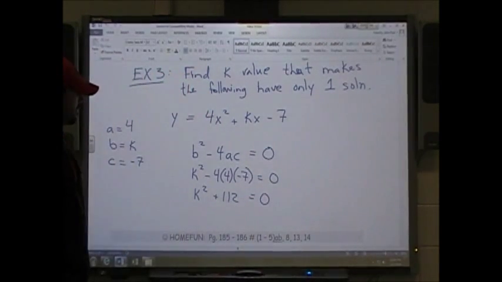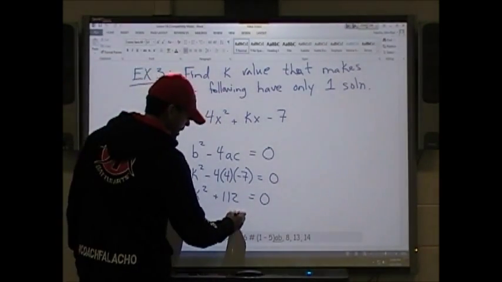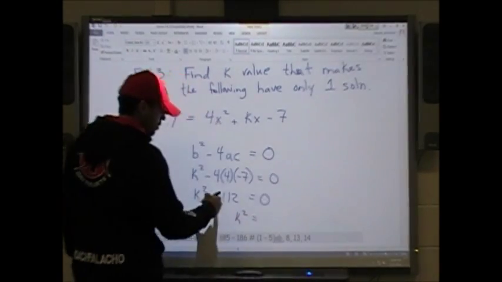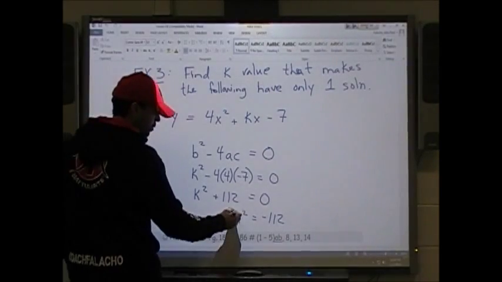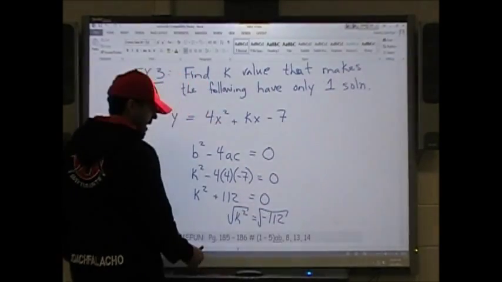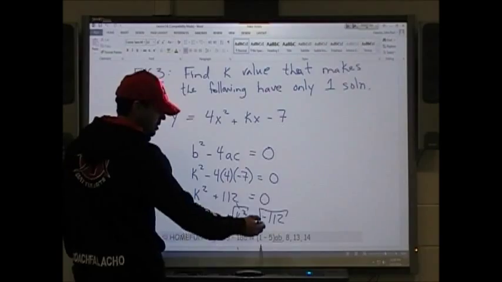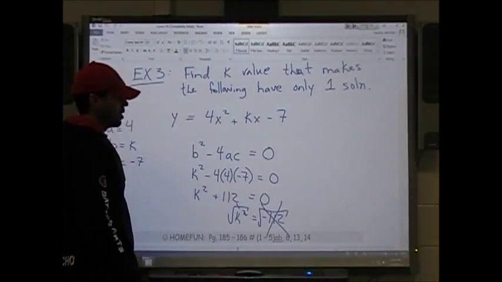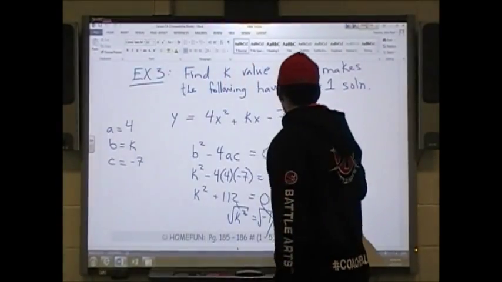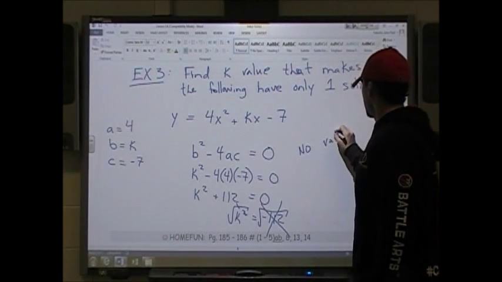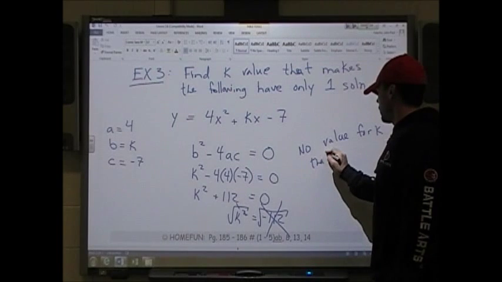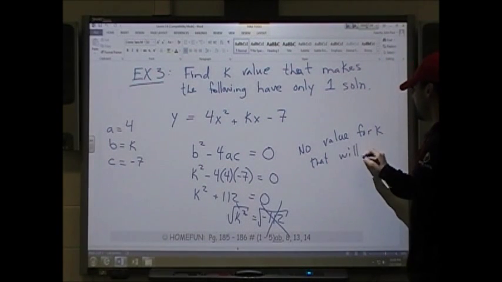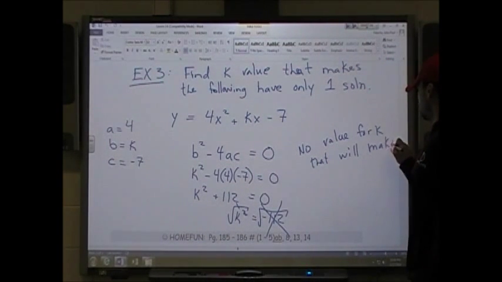And so bringing the positive 112 to the other side, this is going to be k squared equals negative 112. And taking the square root of both sides, I actually cannot do this. So what does that mean? There is no value for k that will make this have one solution.